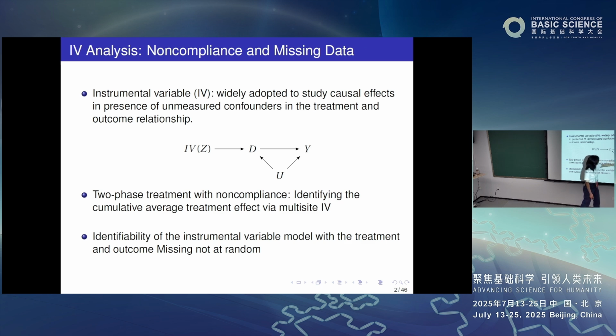Therefore, without accounting for this unmeasured confounder, the genetic variation, you won't be able to obtain valid inference about smoking's impact on lung cancer. The observed association is confounded by this unmeasured confounder. You can imagine unmeasured confounders are almost everywhere unless D is randomized.